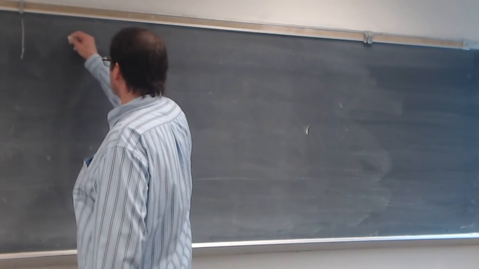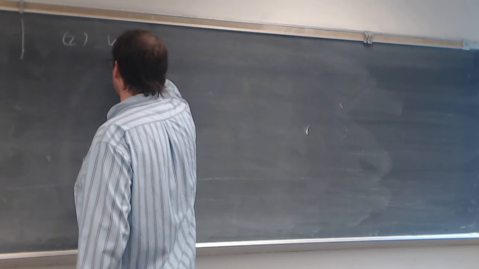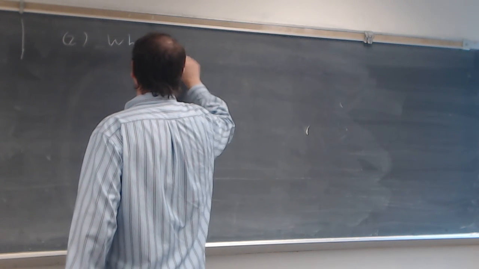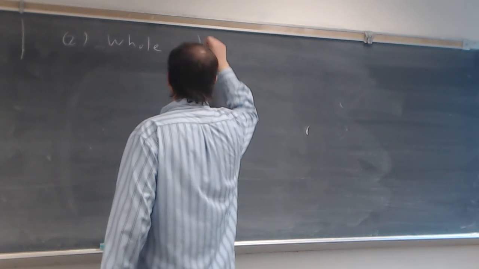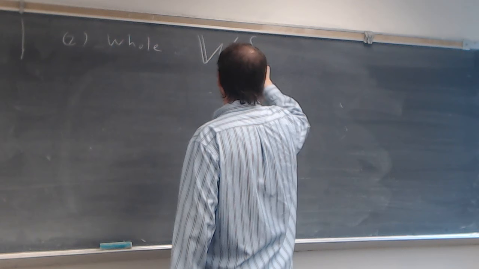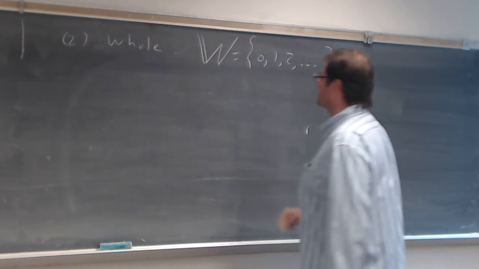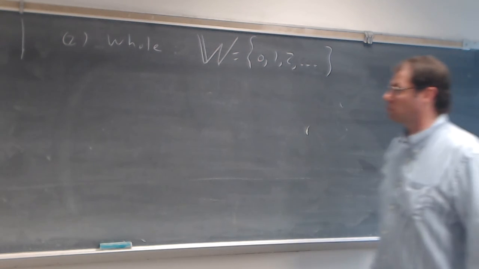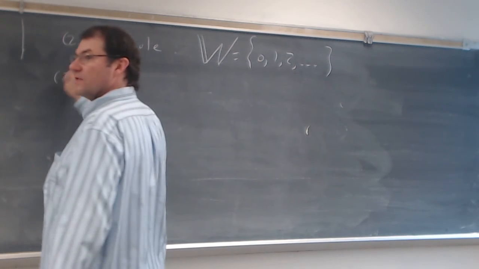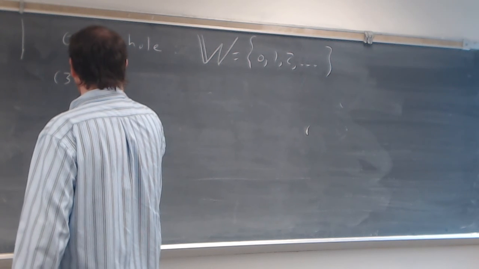Another collection of numbers that are important to us, although not vital, is the whole numbers. And so they're represented by script W, and that's equal to 0, 1, 2, forever. So it's the natural numbers plus 0. A third set of interest for us is the set of integers.